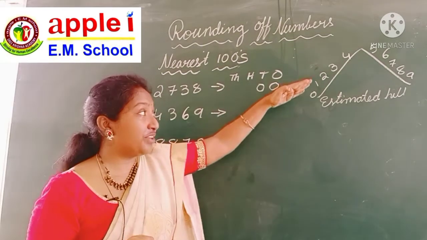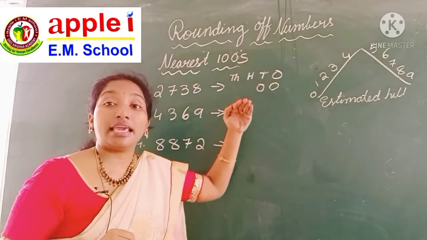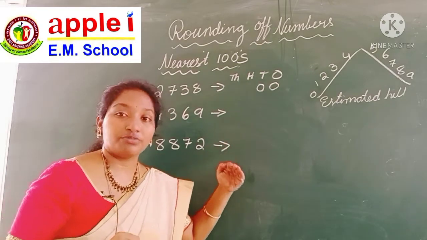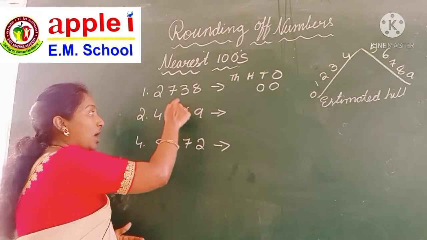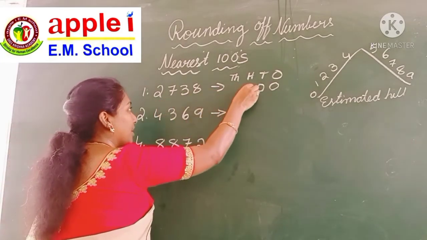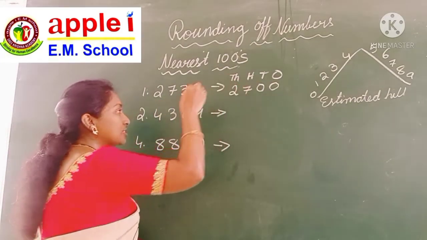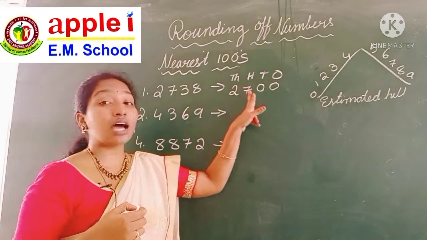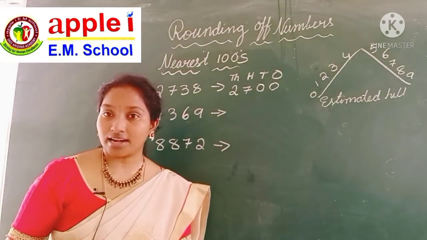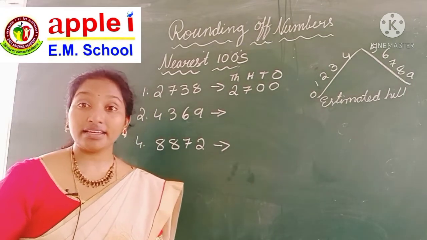Means we have to write same numbers. So hundreds place 7, thousands place 2. So what is the estimated value? 2700. Let us see another example.